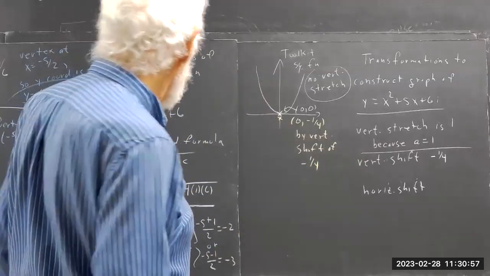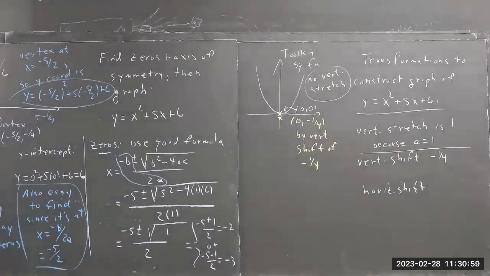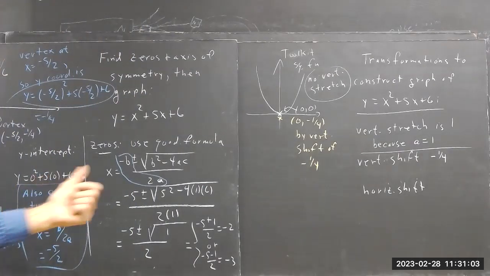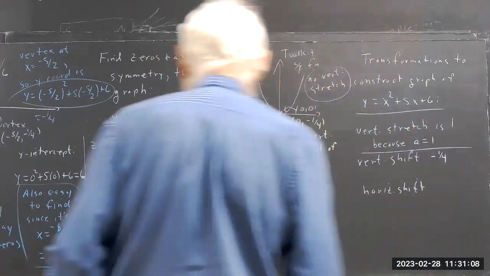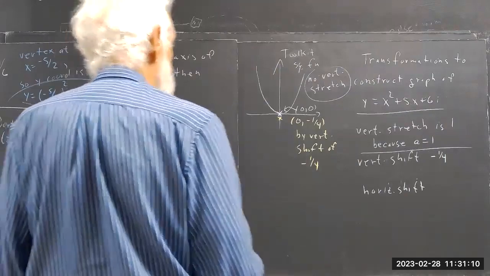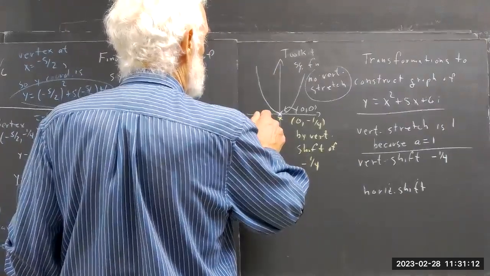The horizontal shift has to be -5/2. Now we're off the screen here, but we know that we're going to go to -5/2 because the vertex is going to be at -5/2. So we can even sketch our vertex here.